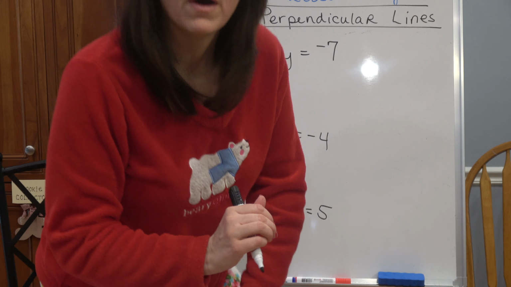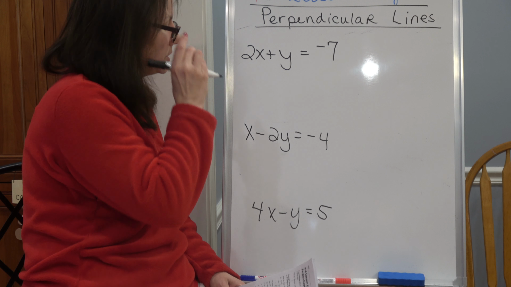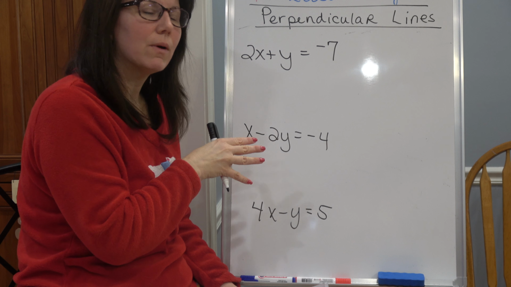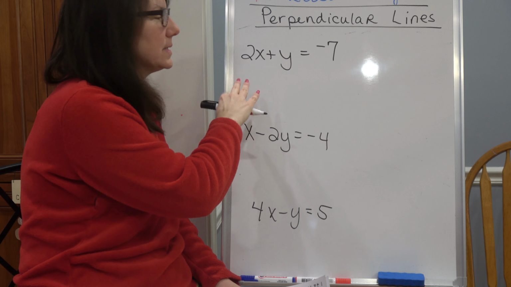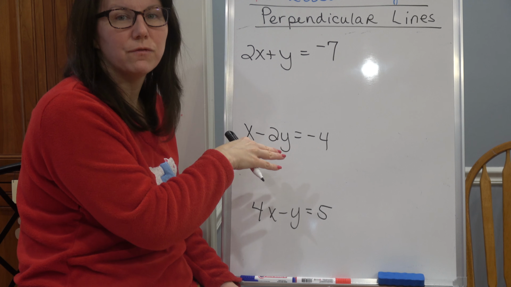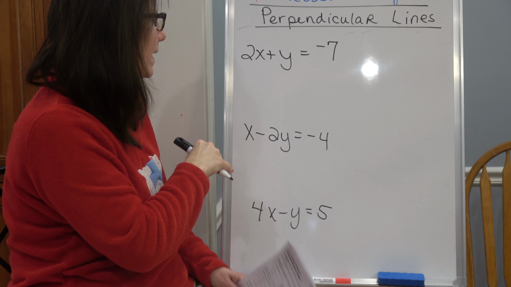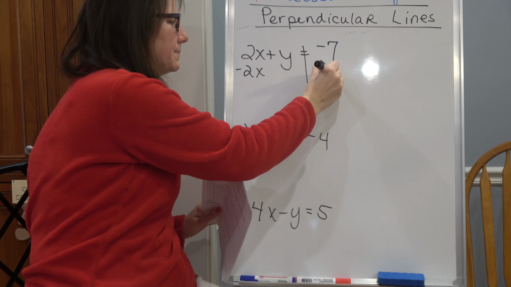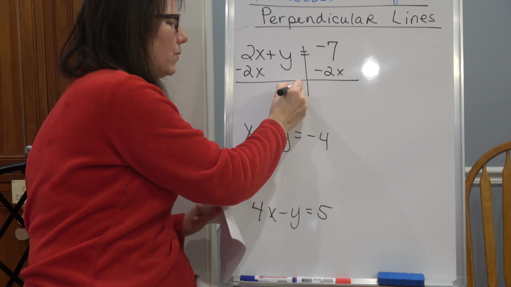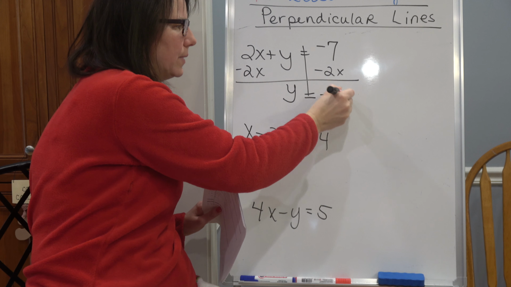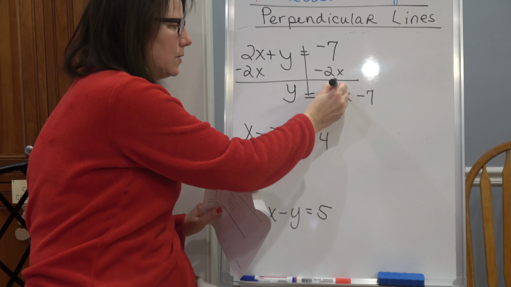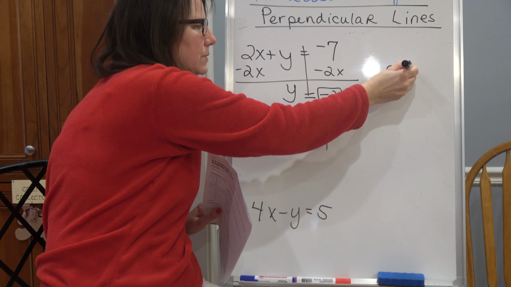When we look at these equations, we have to figure out what the slope is. We can't see the slope right now because it's not in y equals mx plus b form. So we'd have to move everything around. For the first, subtract 2x: y equals negative 2x minus 7. We can see that the slope here is negative 2.